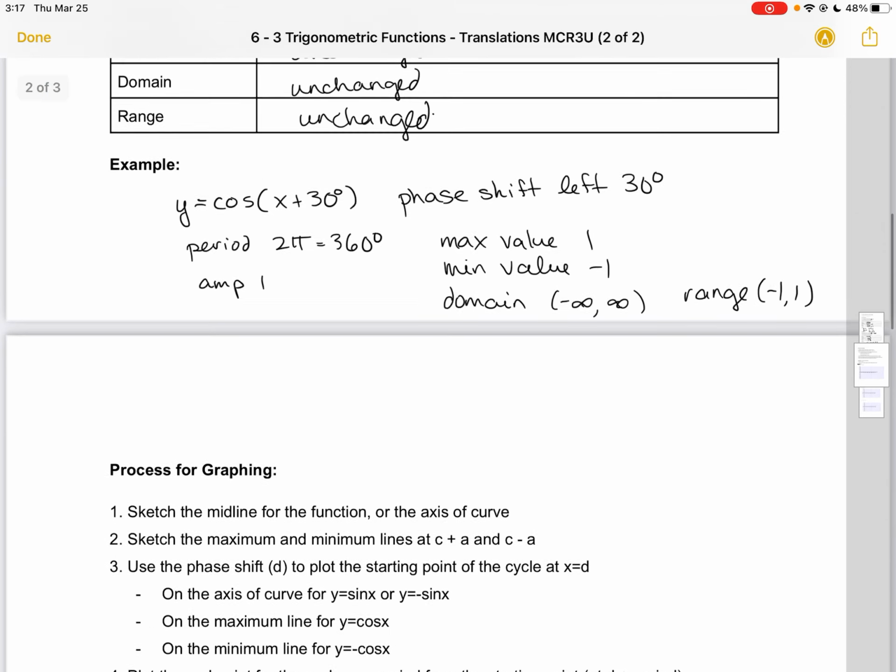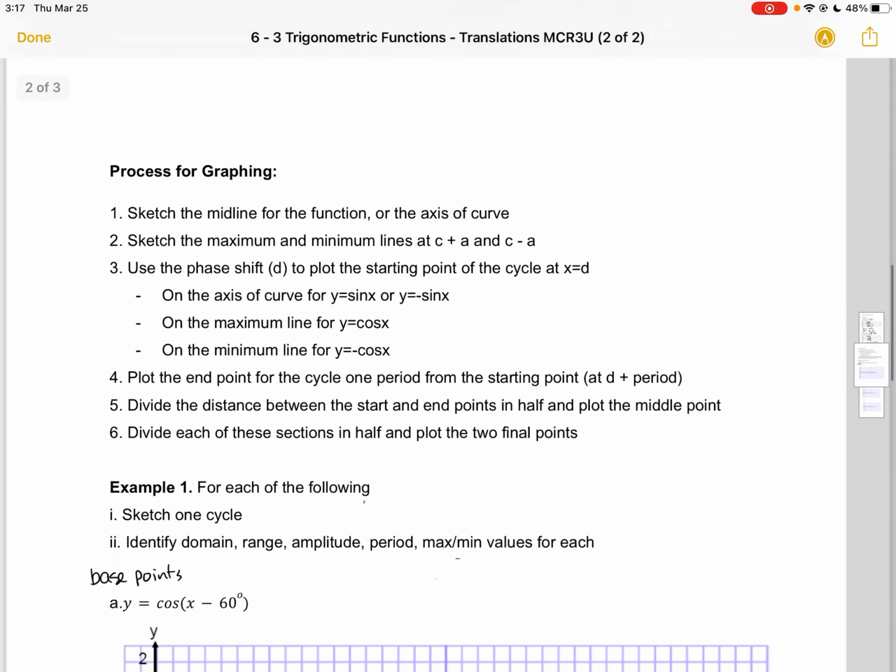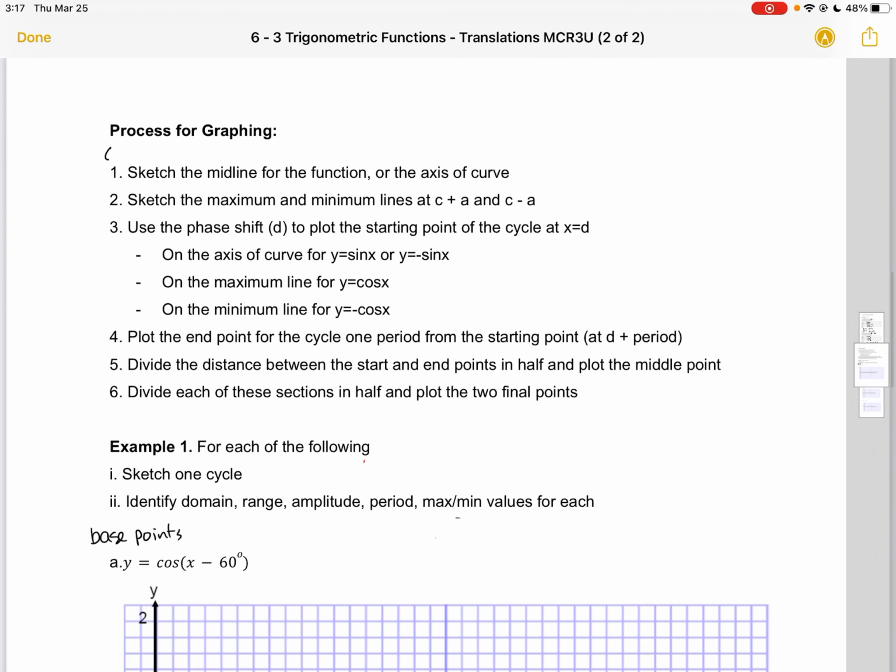So let's look at a couple of graphing examples. Here we've got some steps to follow as a process for graphing. I also like to sketch my original or parent function, just like we did before. You do want to include the midline for your function, or the axis of the curve.